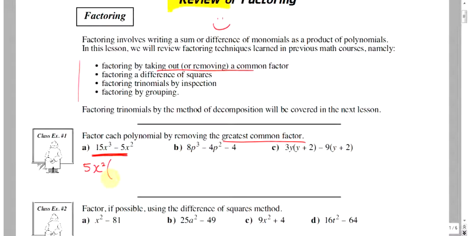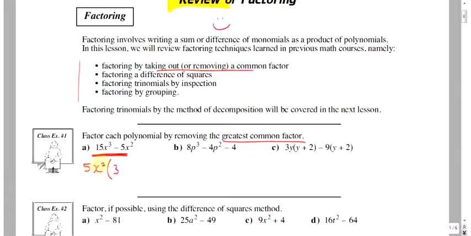Now, which way does your brain work? What do I times this by to get 15x cubed? Or what is 15x cubed divided by 5x squared? How do you get from 5 to 15? What's 15 divided by 5? 3. How do you get from x squared to x cubed?